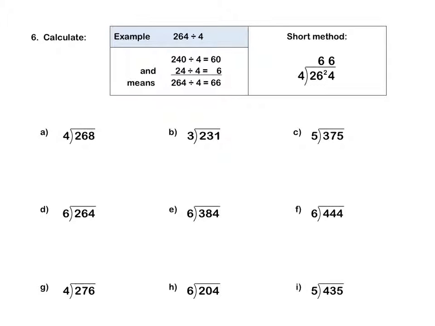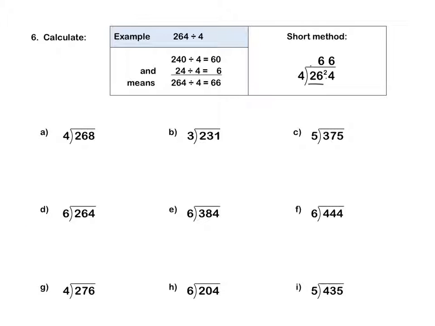Question 6. 264 divided by 4. 4 can't fit into 2, so we put down a dot. 4 fits into 26 6 times, because 4 times 6 is 24. Therefore, the remainder is 2. And 4 fits into 24 6 times as well.